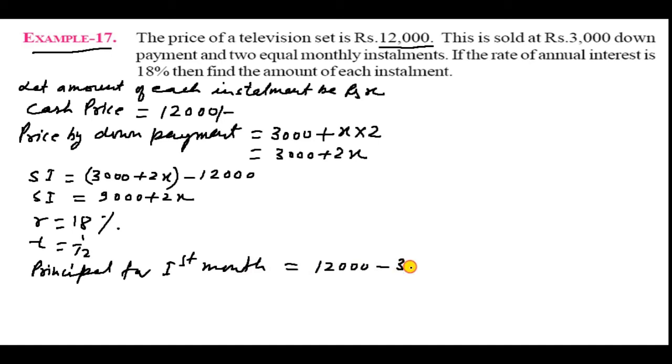Now the rate of interest R is given as 18%, and time is given as 1 upon 12. So you can calculate the SI will be equal to P. Now first of all we want the principal. So let us start with the principal.